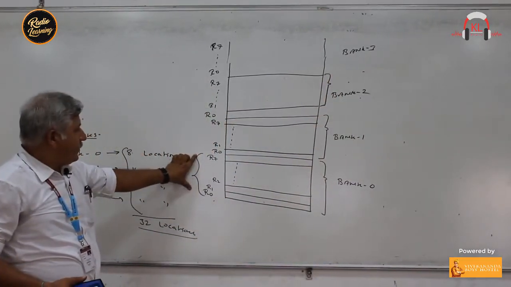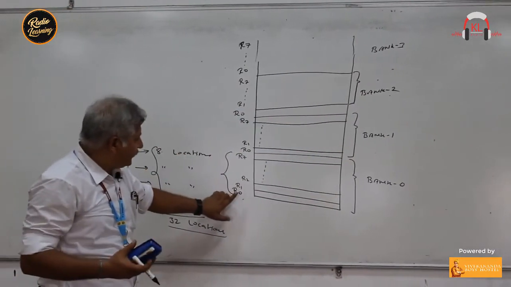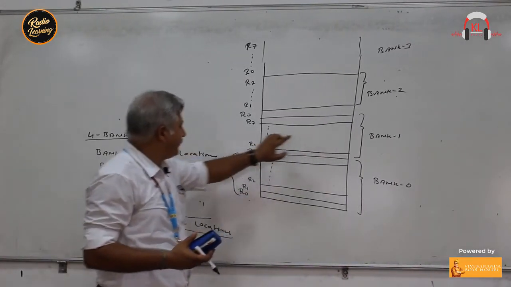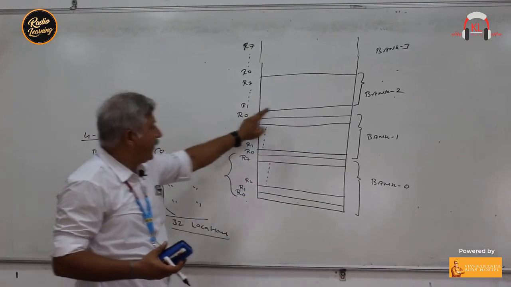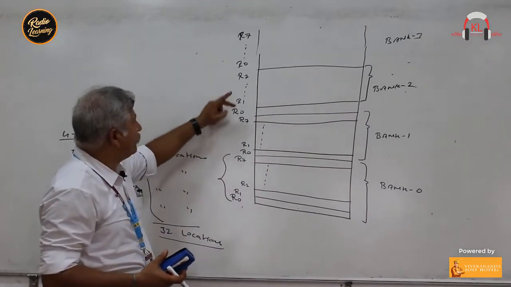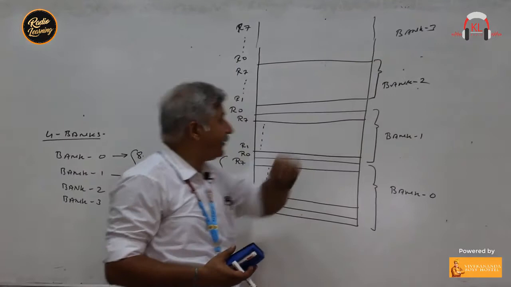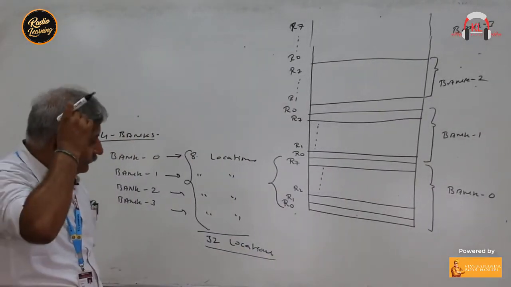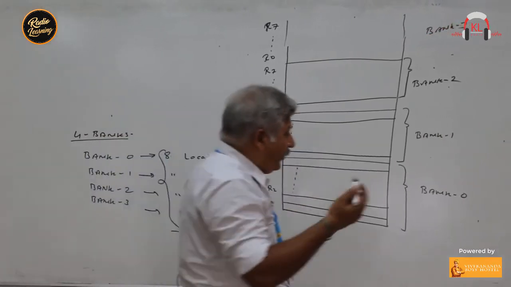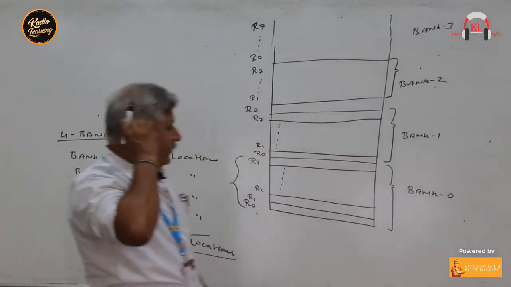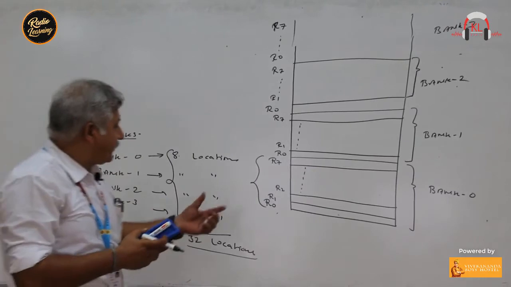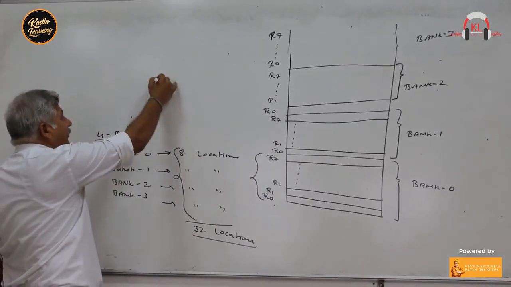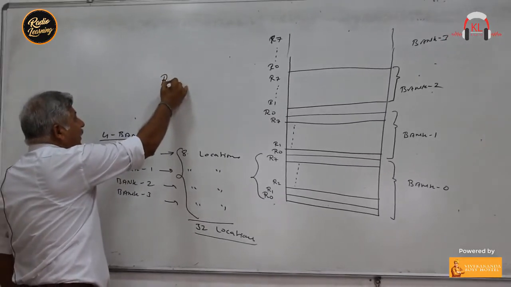Bank 0 has 8 registers from R0 to R7. Bank 1 has 8 registers from R0 to R7. Bank 2 has 8 registers from R0 to R7. In the same way, bank 3 has 8 registers from R0 to R7. But now here, suppose I want to access, suppose in some instruction I have written register R0, right?